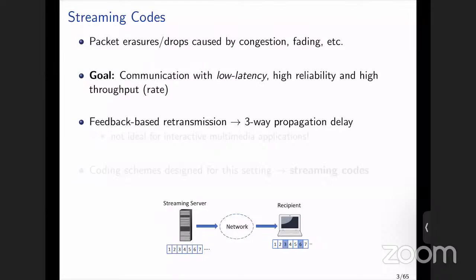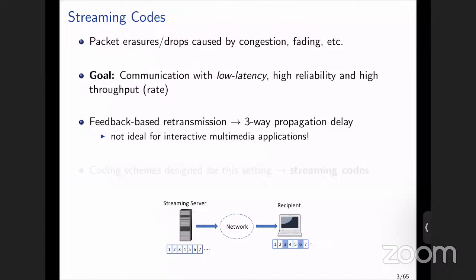So there will be basically a 3-way propagation delay, and such a delay may not be ideal for interactive multimedia applications. For example, let's assume that the streaming server and the recipient are sitting on two diametrically opposite ends of Earth.